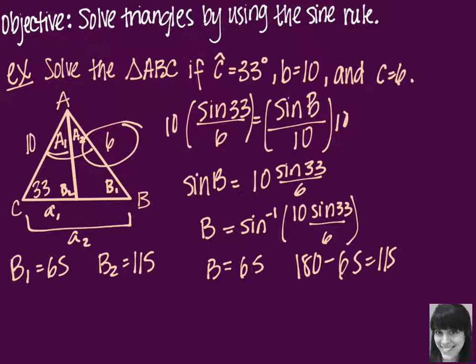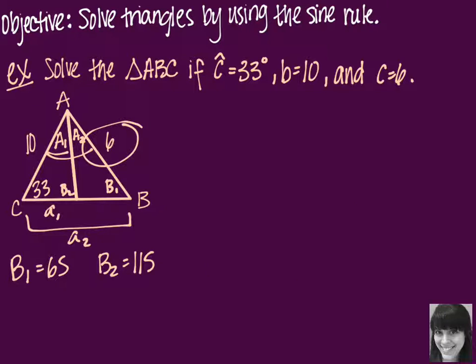Okay, so I'm going to erase the work that we've done, and we're going to find A1 and A2. So A1 is going to be 180 minus 33 plus B1, which is 65.